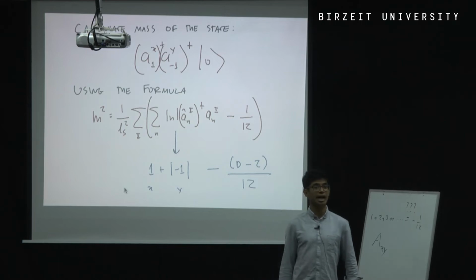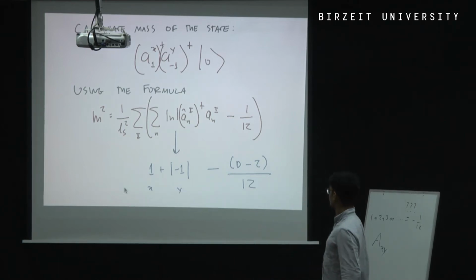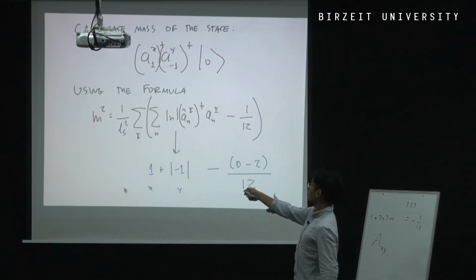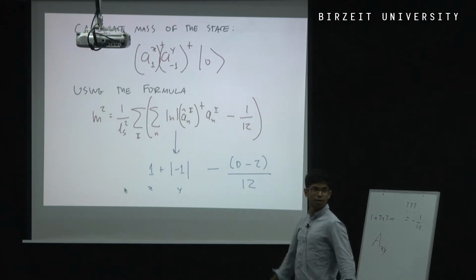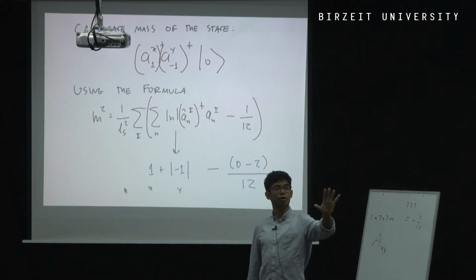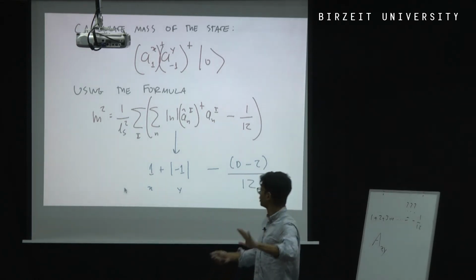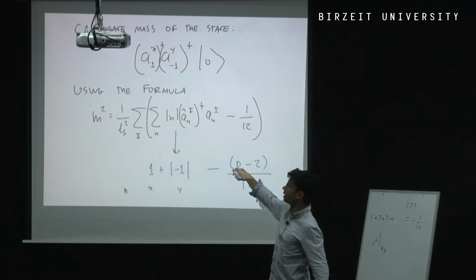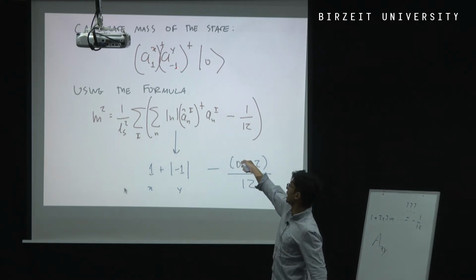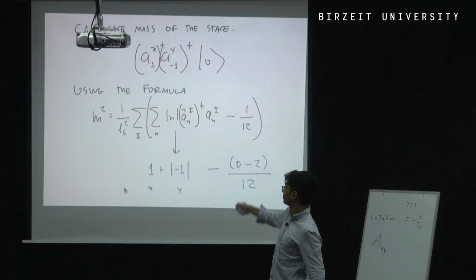Okay, so now let's calculate it. So first up, we sum over all of the oscillator modes, okay? But the only oscillator modes which are not in their ground state are the 1 and minus 1 modes. We have 1 in the x direction and minus 1 in the y direction.